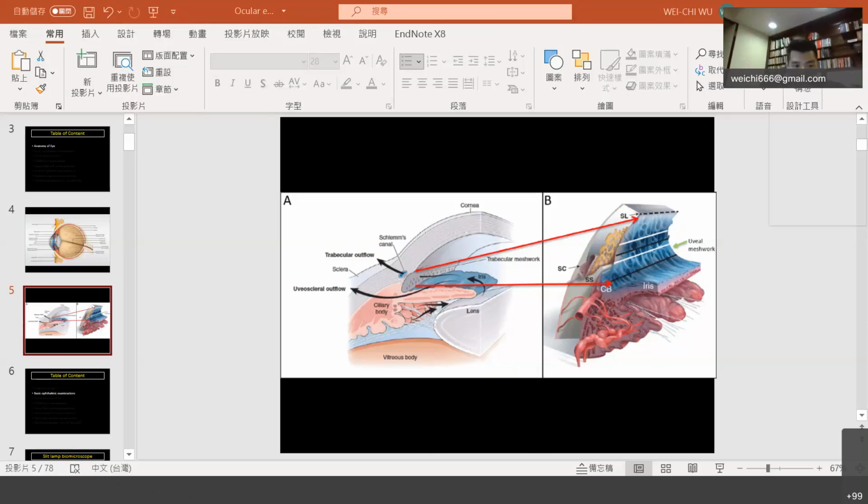So if you have a pressure of 10, 15, even 18, that is considered to be normal. But if you have a very low pressure, that could cause problems too. If you have a pressure of 5 or less, that is considered a condition of hypotony. Hypotony would cause compromised vision as well. So we don't want to have a pressure too high, but we don't want to have a pressure too low either. Okay, so thank you for responding to my question. So let's move on.